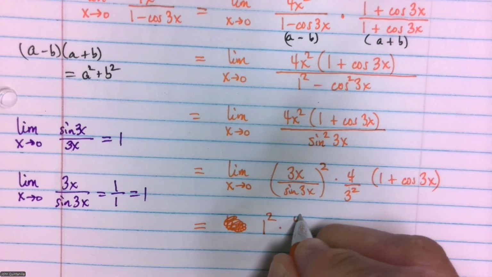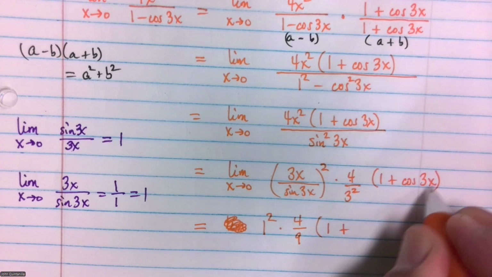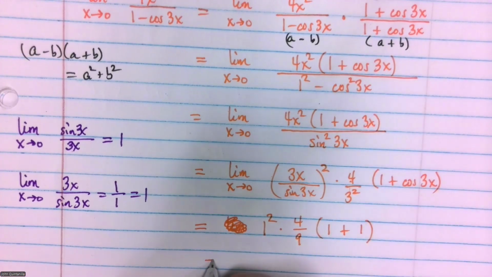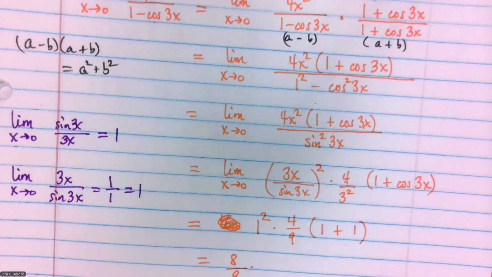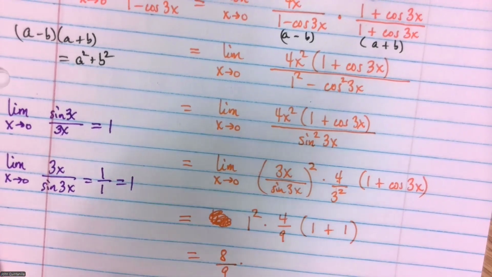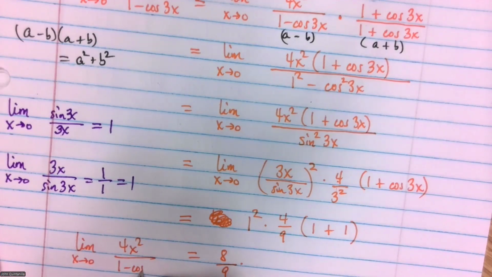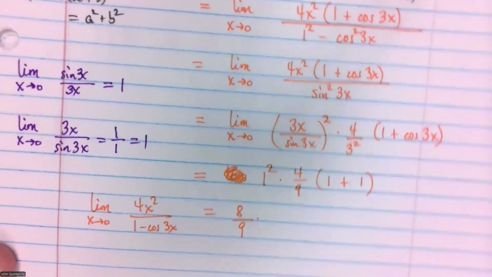Then I have 4/9. And on this part, I have 1 plus the cosine of 0, which is 2. And so this finally simplifies as 8/9. And so the limit as x goes to 0 of 4x squared over 1 minus cosine of 3x is equal to 8/9.